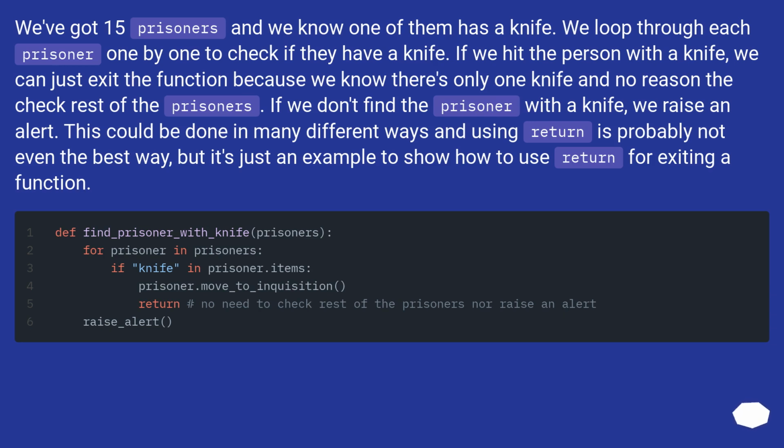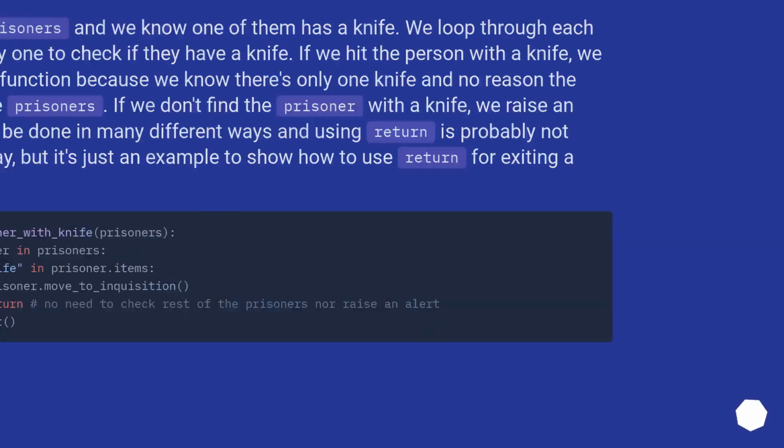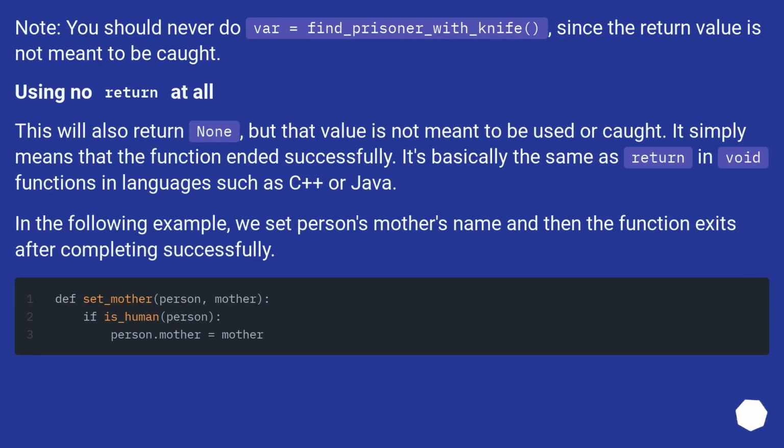This could be done in many different ways and using return is probably not even the best way, but it's just an example to show how to use return for exiting a function. Note, you should never do var = find_prisoner_with_knife, since the return value is not meant to be caught.